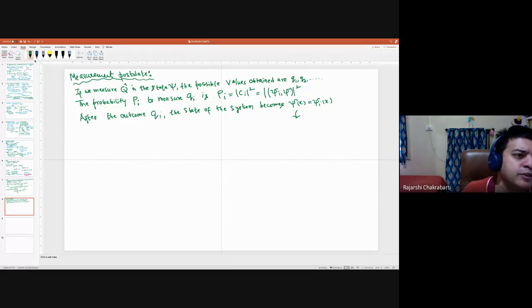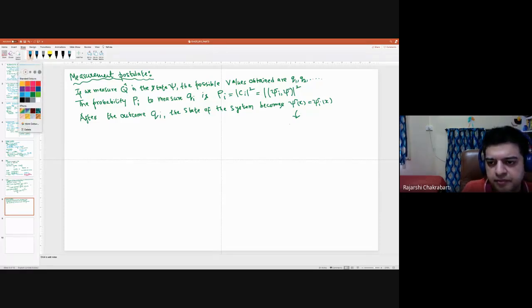Anyone knows what is it called? It's called collapse of the wave function.